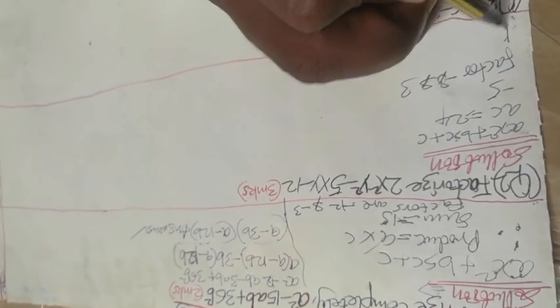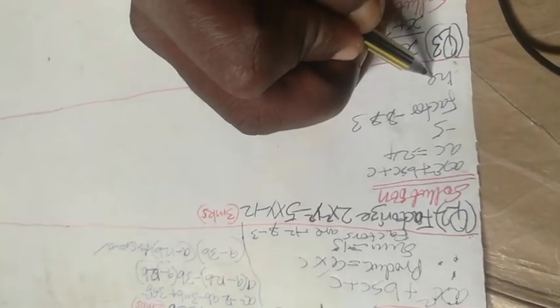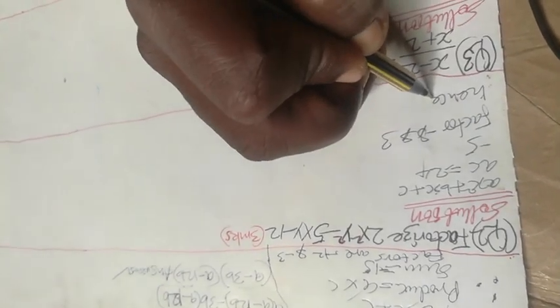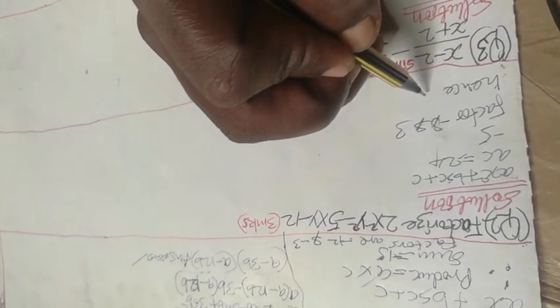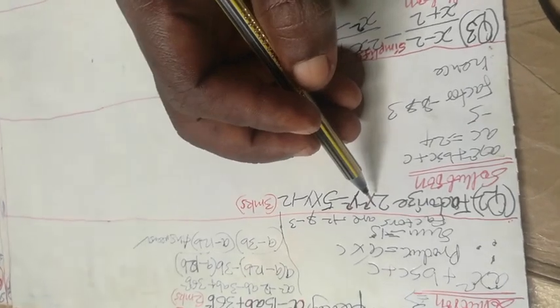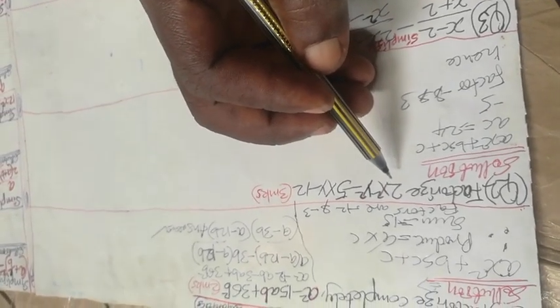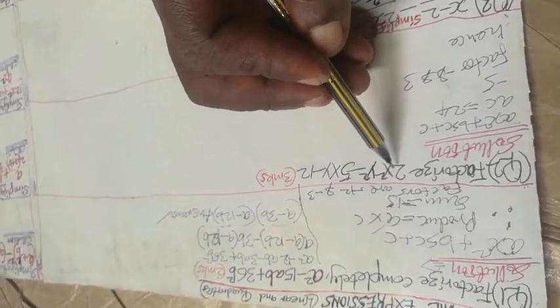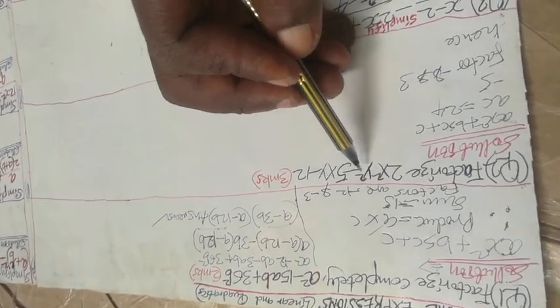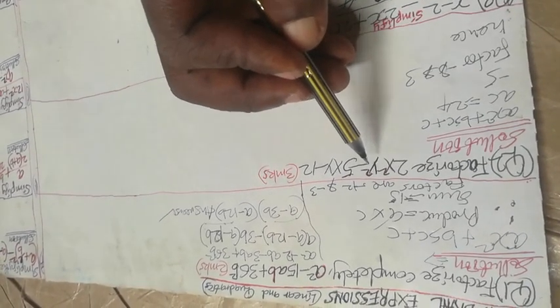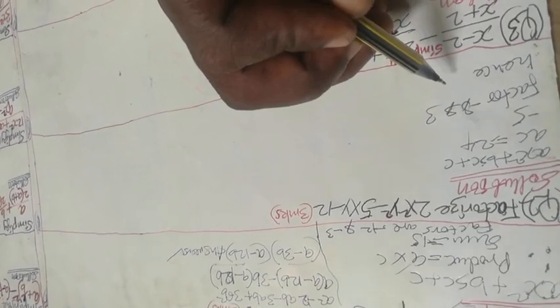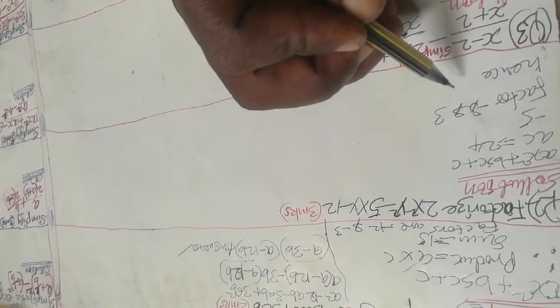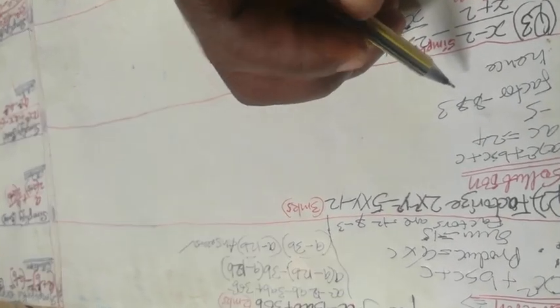Hence we are going to factor out, because 2x squared y squared are common, we factor out 2xy.